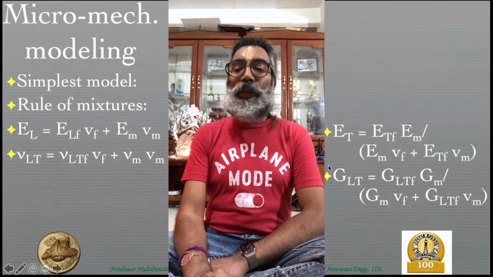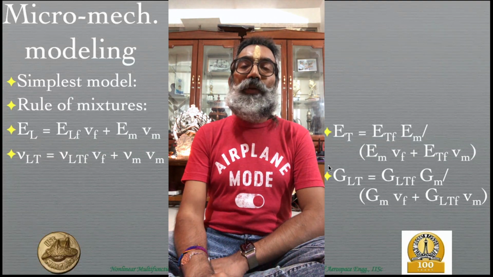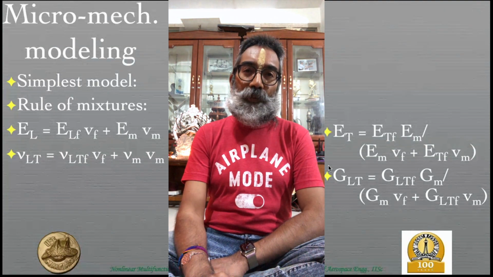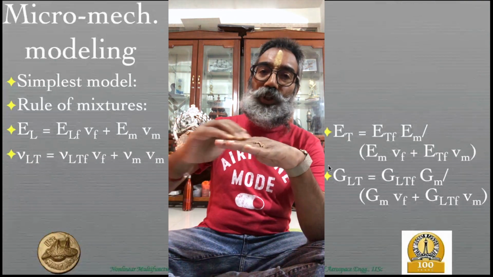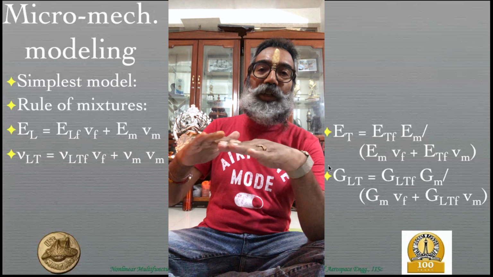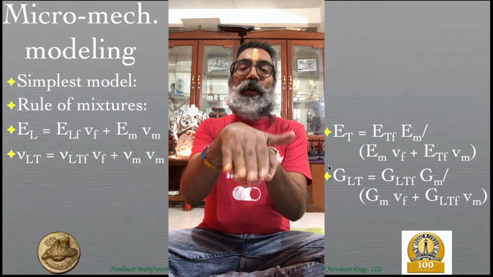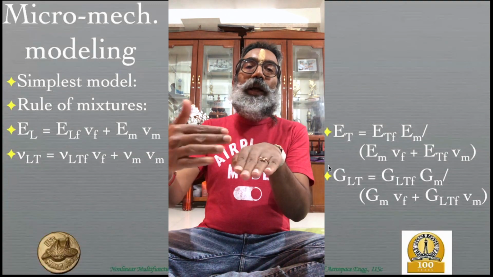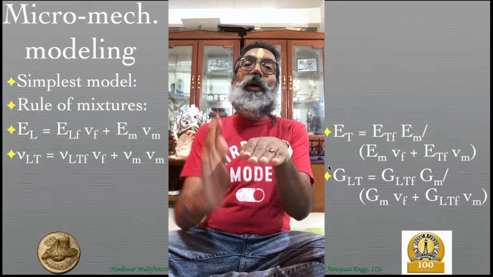On the other hand, GLT is in the LT plane, that is in a plane which involves both the fiber as well as the matrix, that is the longitudinal direction of the fiber and the transverse direction. So if the fibers are along my fingers over here, that direction is the L direction. Any direction perpendicular to that is T, whether it is this or that.